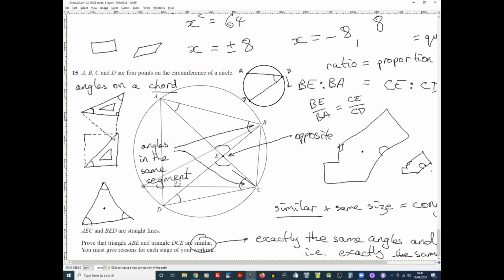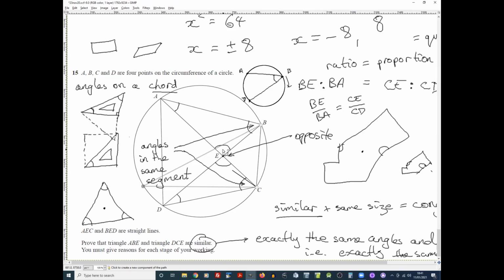But there would be another reason. We wouldn't have to use that reason again to show that these two angles were equal. We could use a different reason. Can you think of a different reason why we would know this angle must be the same as that one? No, I really can't.